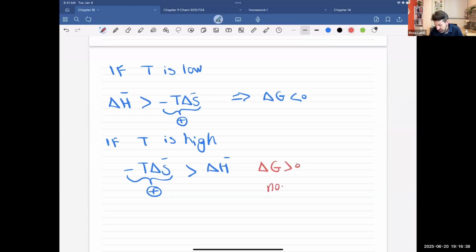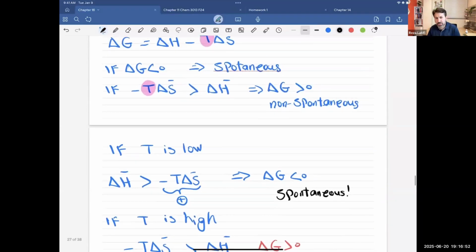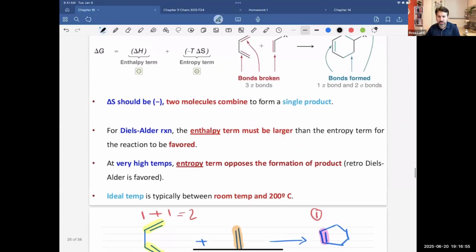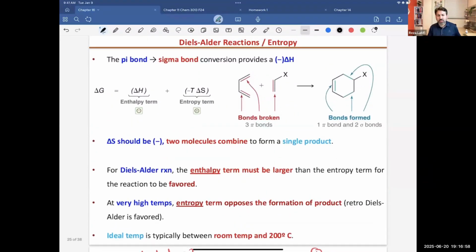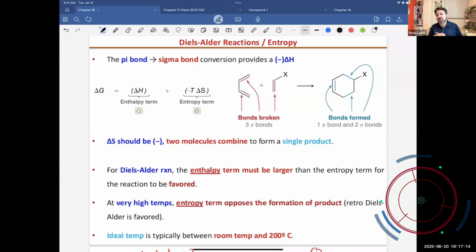So it will be non-spontaneous, while the first one was spontaneous. So this is the reasoning behind it. Why do we need to keep the temperature low? If we keep the temperature low, delta H will be the dominant factor. But if you increase the temperature, then entropy, which measures the randomness of the system, how messy the system is, is going to be dominant. And so as temperature goes up, the reverse reaction will be dominant.